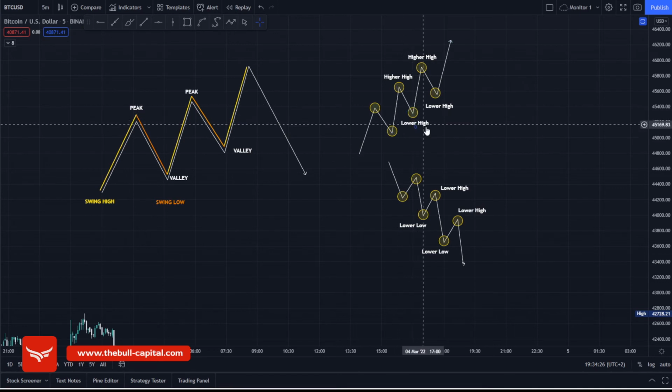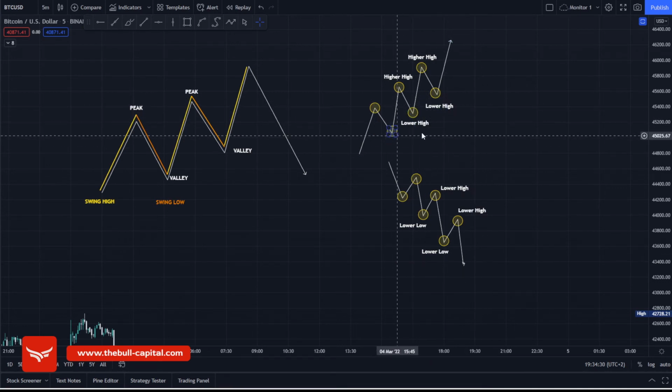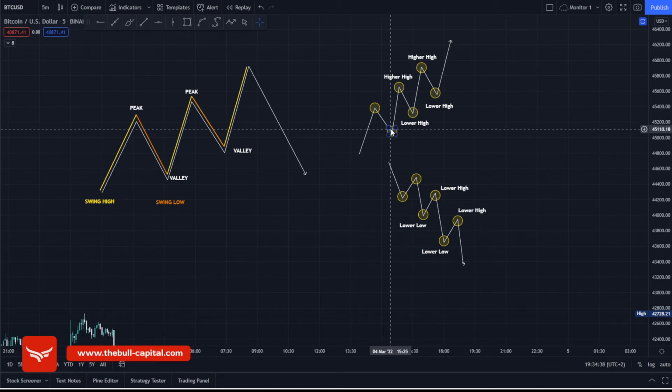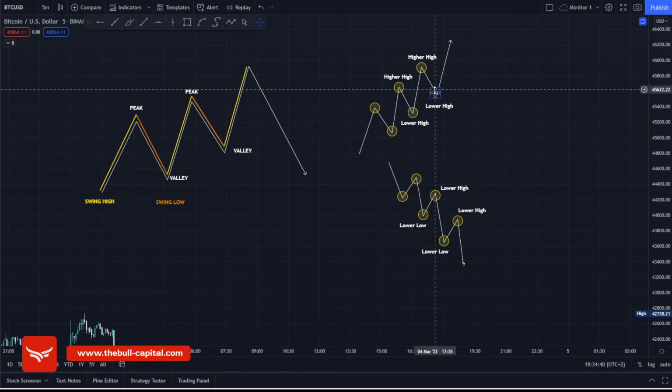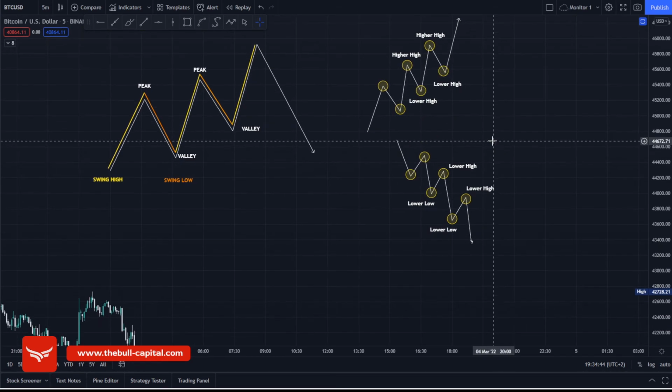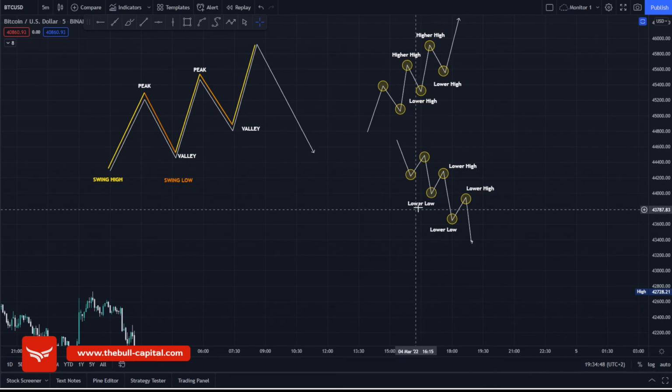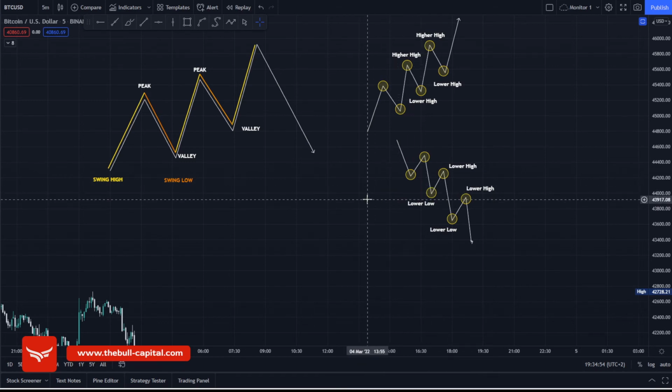And here, why is it called a higher low? Because it's a valley, the lower side, and it's higher than the previous one. And the next one is higher than the previous one. Here it's the opposite: the valley, the lower side, is lower than the previous one.